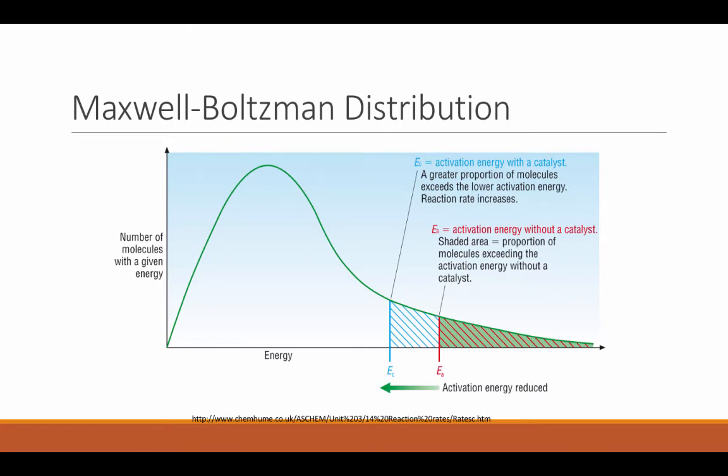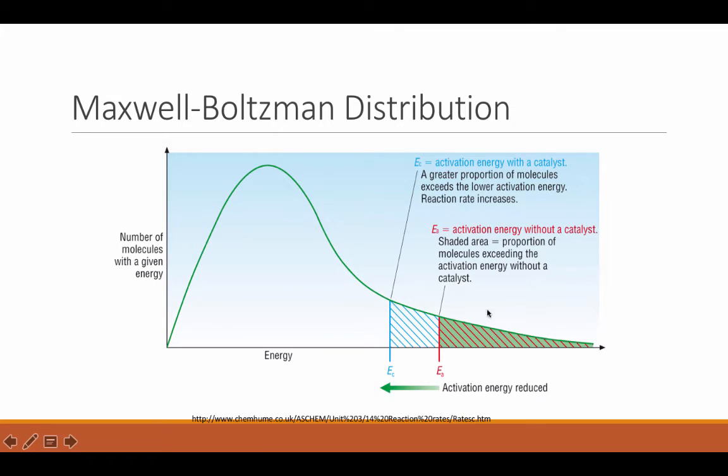Let's consider this activation energy aspect in terms of collision theory. This green line here represents the number of molecules with any given energy in a system. As you can see, most of the molecules here have this amount of energy. Here, the red line represents the activation energy of the uncatalyzed reaction.